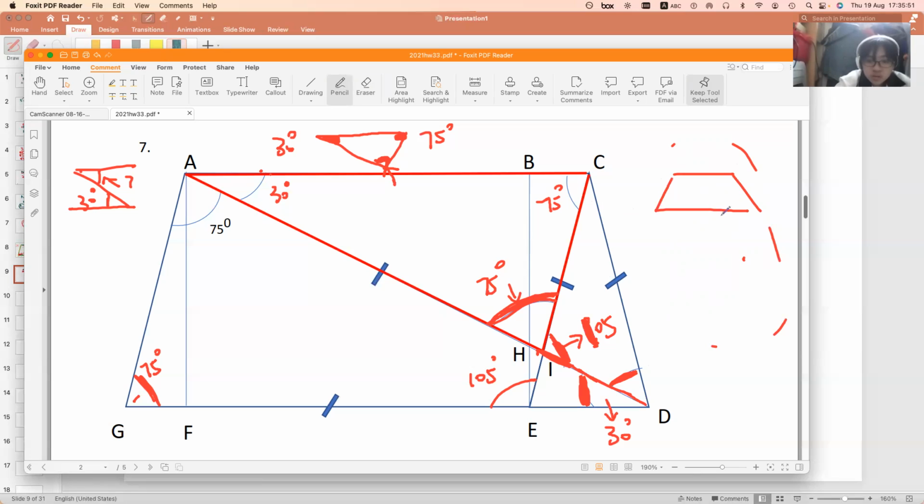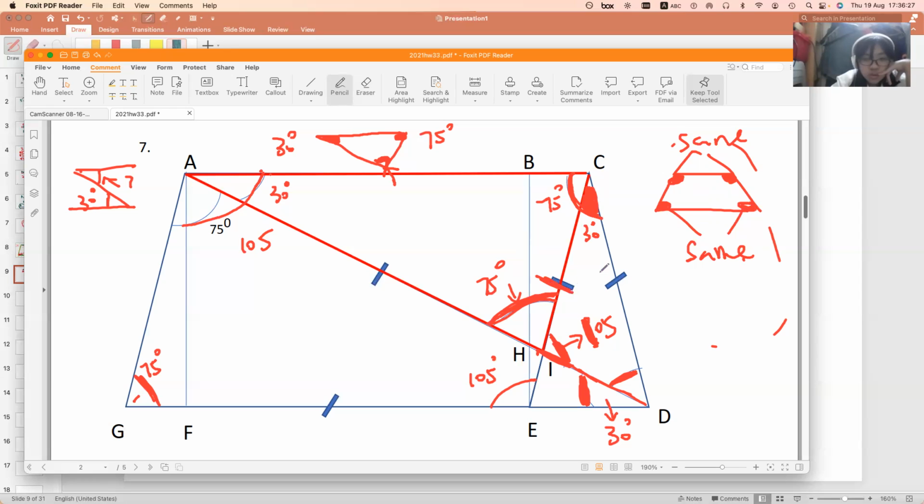So for a trapezium, this angle and this angle is the same. Then this angle and this angle is the same. So therefore, this is 105. Just now we found already. So this one also 105. So if the total is 105, so that means the inside one is 30. Right? So if the inside one is 30, that means this part is 30.